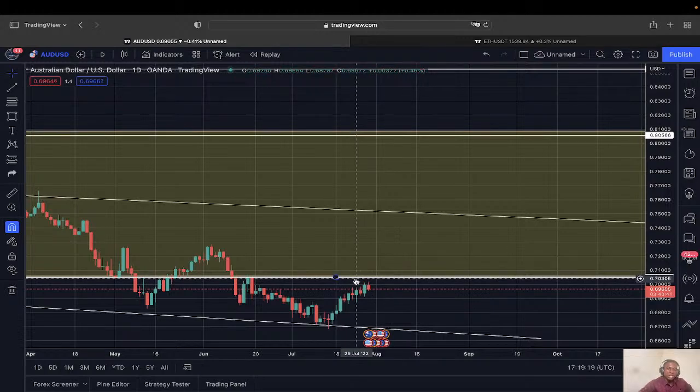Now there are two things that can either happen: either it breaks back into this ranging triangle, or it continues a downward trend. Okay, good.